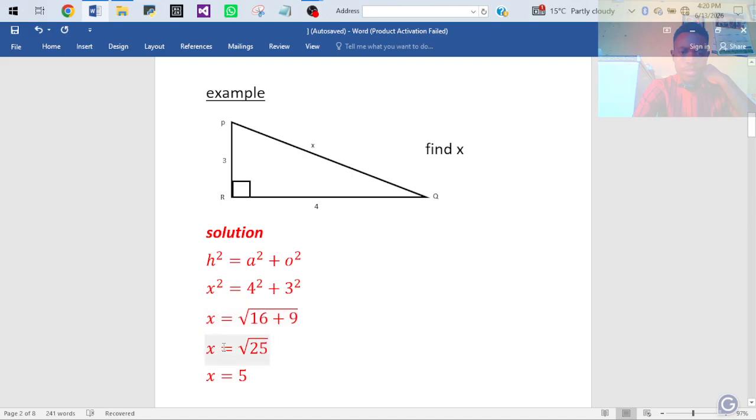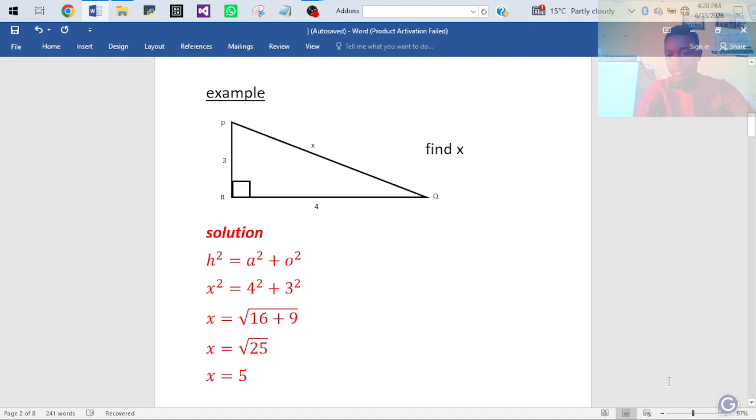So 16 plus 9 is 25. So x is equal to the square root of 25, which is plus or minus 5, which is 5 in this case. So x is 5 because it's a distance. We don't put minus here because it's a distance from P to Q, so it's positive. We don't have negative distance.